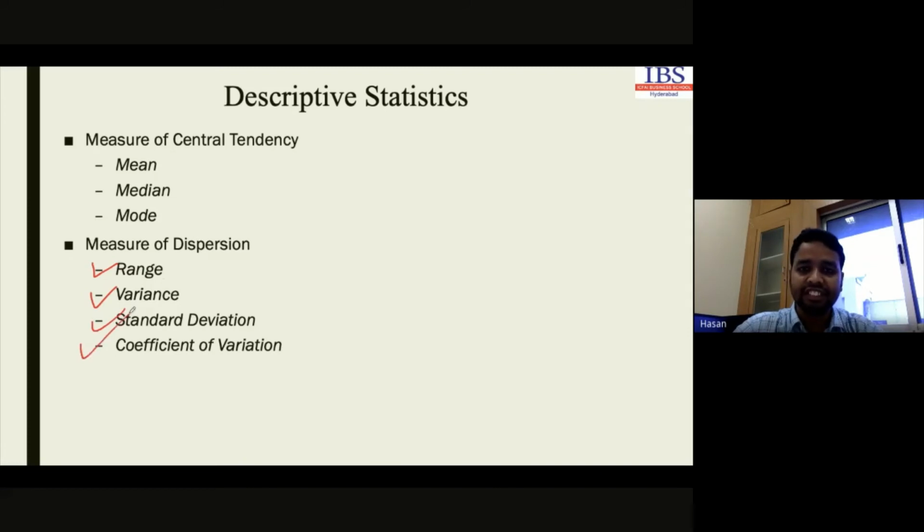The third one: dispersion or central tendency alone is not sufficient to get meaningful information, so we identify another measure, symmetricity, whether our data is close to the target or highly concentrated on either the left or right side of the target. This is the measure of skewness. We are going to learn these one by one: mean, median, mode, range, variance, standard deviation, and skewness.